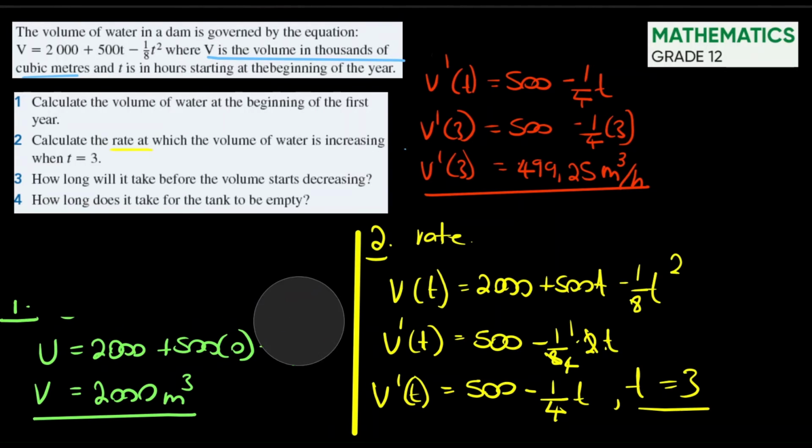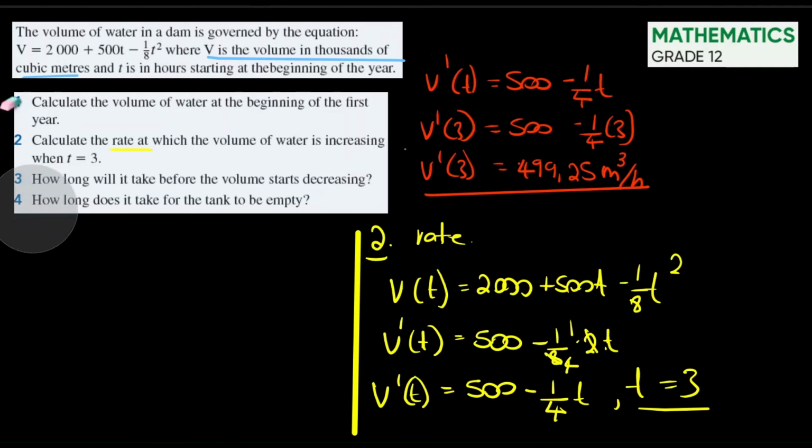So let's go to the next question, which is question 3: how long will it take for the volume to start decreasing? So decreasing is asking for really the first derivative or the rate, but we already calculated that formula, which is V prime of t equals 500 minus 1/4 t.